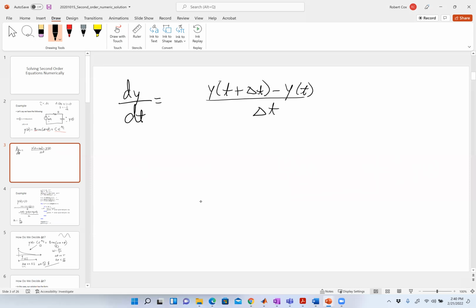So that's a rise. In other words, from time t to time t plus delta t, how much did I rise over a delta t run? And that's not quite right. There's one more piece to it, right? Delta t is supposed to be really, really small. So how do I define mathematically really, really small?